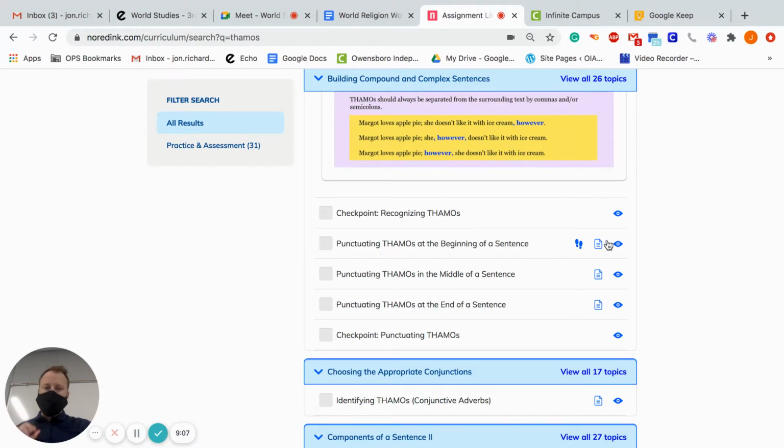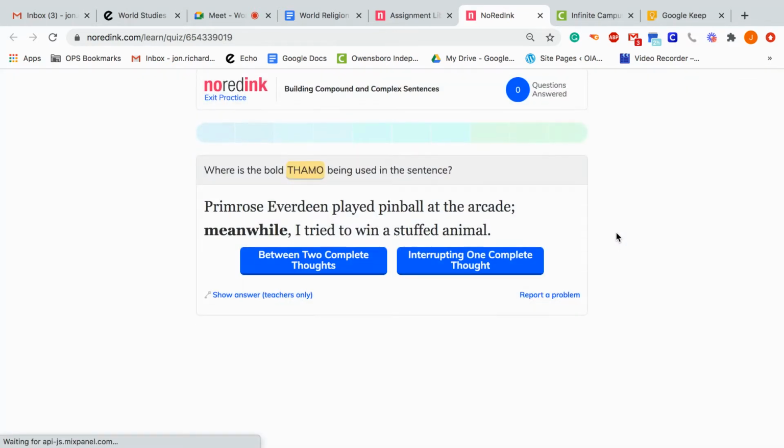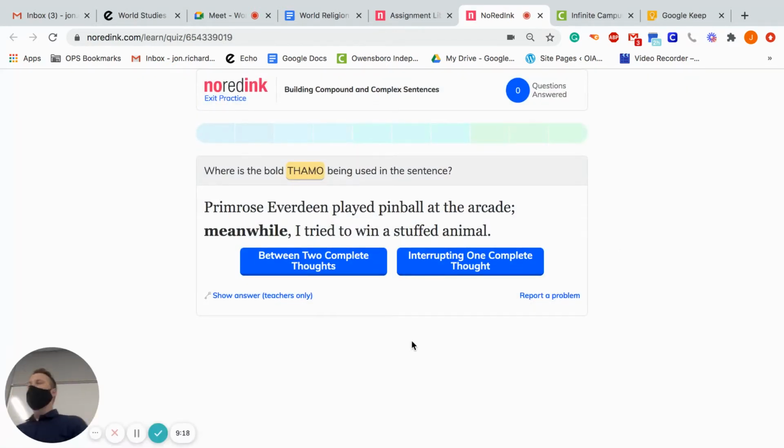So, punctuating. Actually, let's look at identifying the function of a themo. I think that's another one that's confusing people. This one is asking, is it between two thoughts, or is it interrupting one thought? Whenever you have a semicolon, it is breaking up two complete thoughts, basically breaking up two sentences.